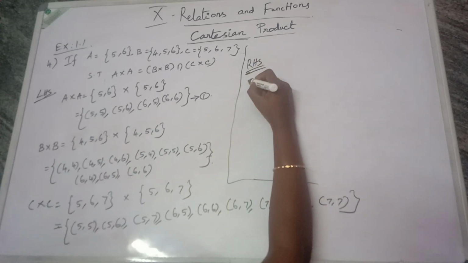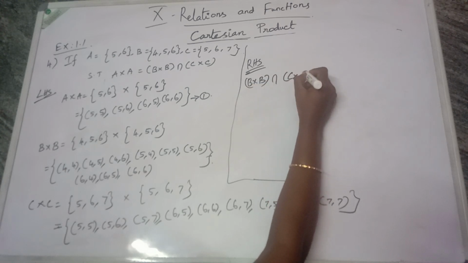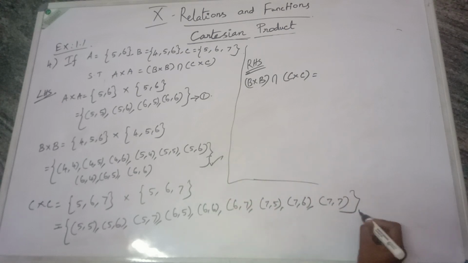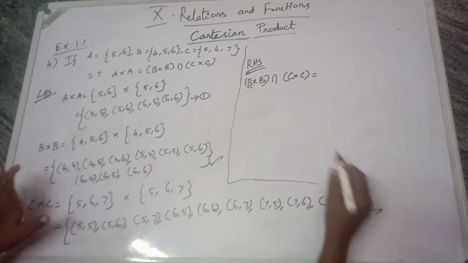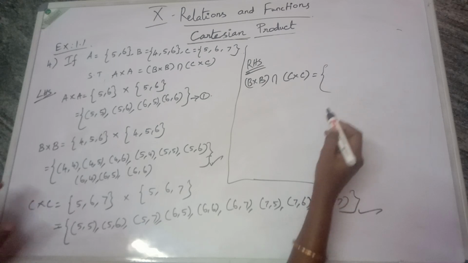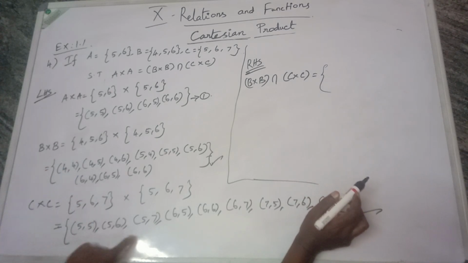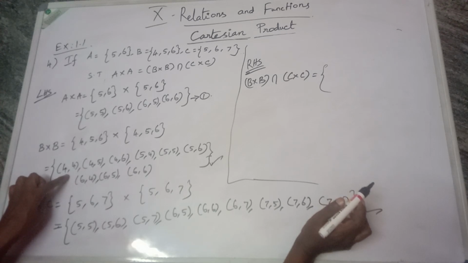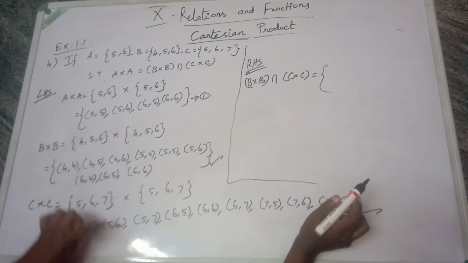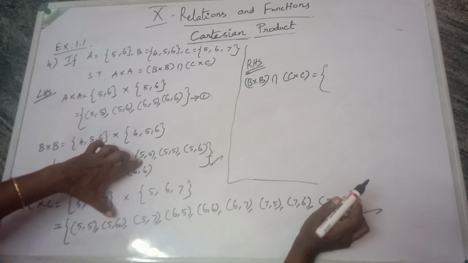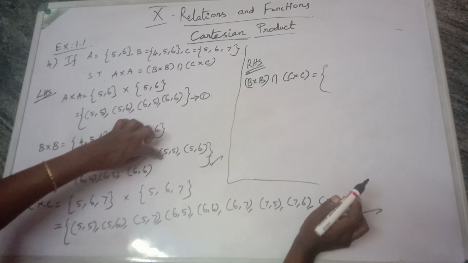The right hand side is B cross B intersection C cross C. B cross B is here and C cross C is here. Intersection means you have to collect the common elements. Here (4, 4) is not in C cross C, so it is not common, and (4, 5) and (4, 6) are also not common. (5, 4) is not here, but (5, 5) and (5, 6) are there.